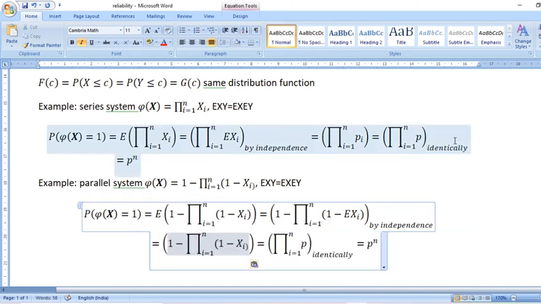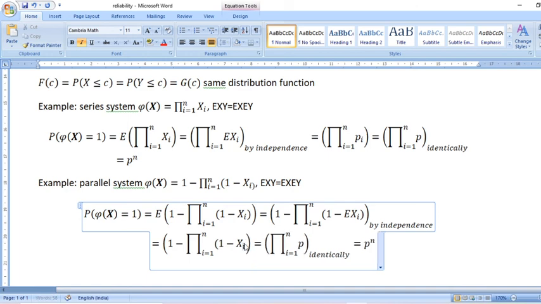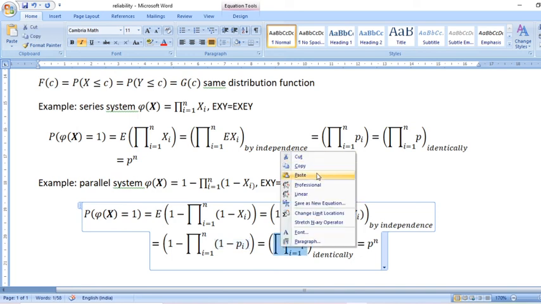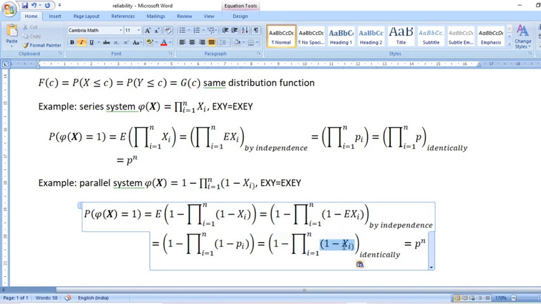We can again take the expectation, just write pi. Okay, so if it is identically distributed, you can replace with p only.